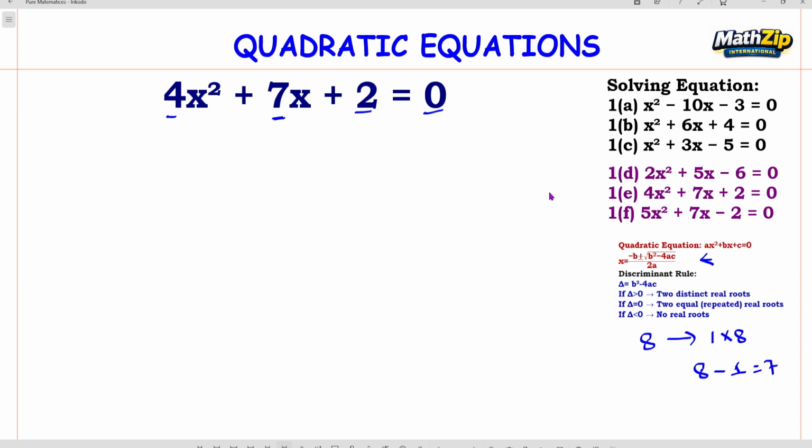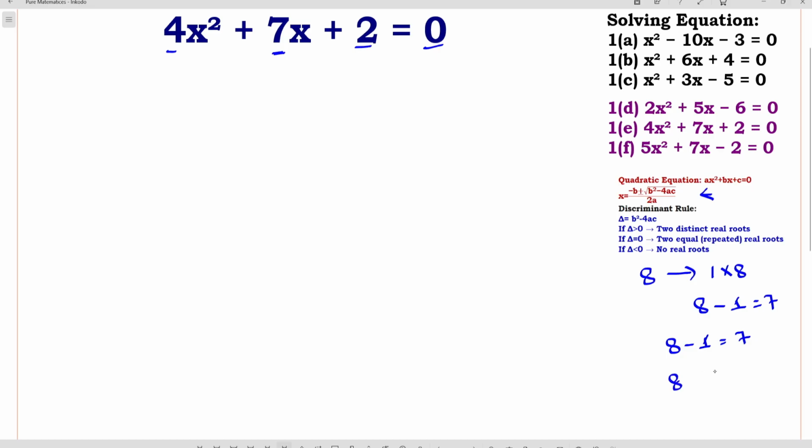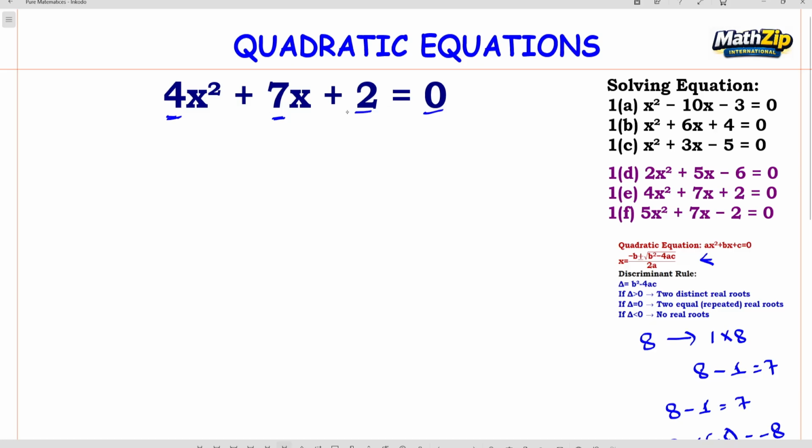The problem is that 8 times minus 1 will be minus 8, but here 4 and plus 2 become plus 8, so it's not possible to simplify this equation by simple factorization. So we have to use the quadratic equation general formula.